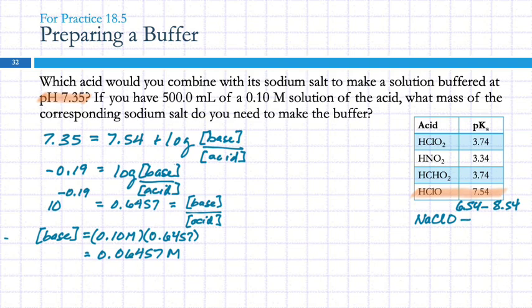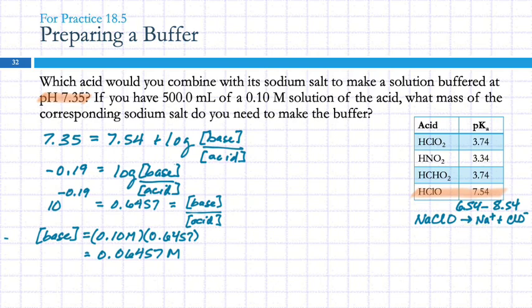Because when you put that into water, you're going to get sodium ions and hypochlorite ions. This is the conjugate base of the weak acid. We can't just have a bunch of negative ions. The compound has to be neutral. So sodium is the counter ion. It's just keeping this company.